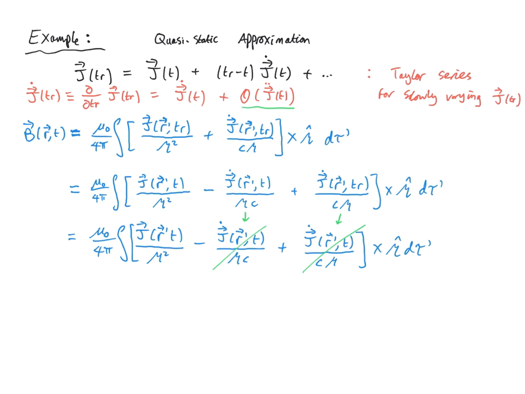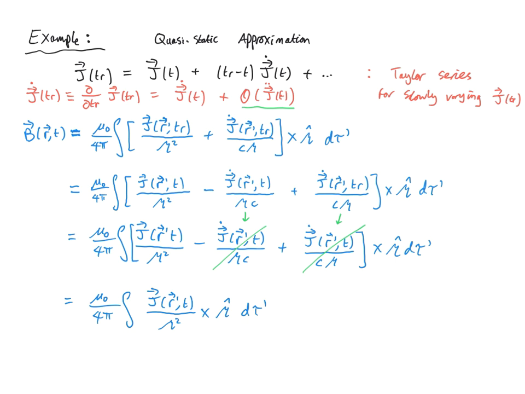But to this order of approximation, these two terms fortuitously cancel, and what we're left with is the standard Biot-Savart law for the magnetostatic case, namely mu naught upon 4 pi of the integral of the current density evaluated at the present time t, not the retarded time, and then integrated.